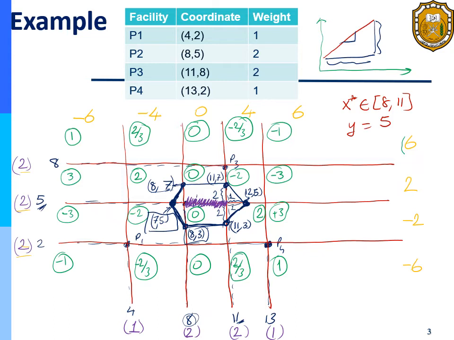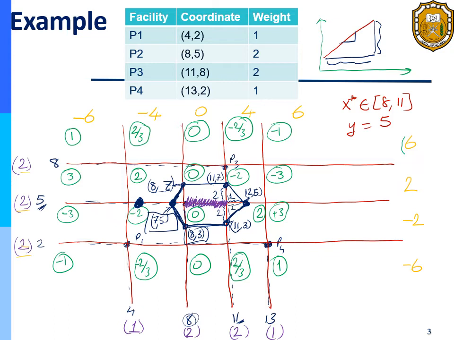But you can say, okay, why did we start from 7 and 5 as the initial coordinate? We could have started on another location, another coordinate. Let's say it can be something here. In that case, how shall we sketch the contour line? You will do exactly the same procedure.